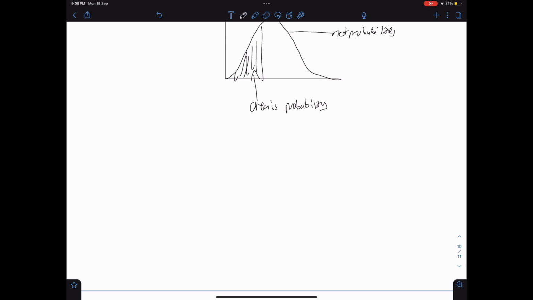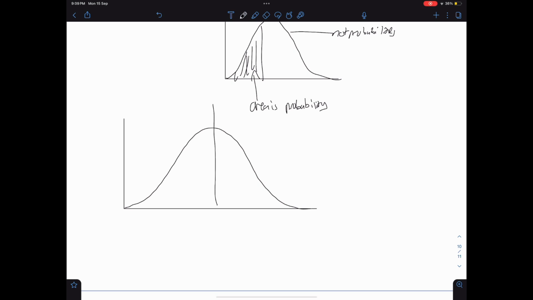And they are key for being symmetrical, like this, and they are centered at the mean, and then they move out in units of 1 standard deviation.